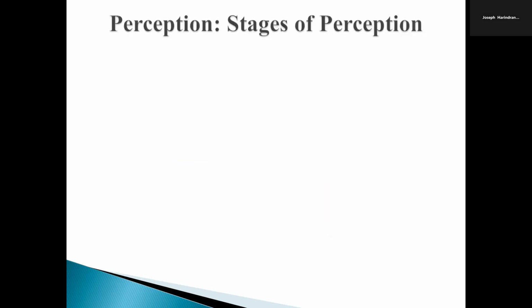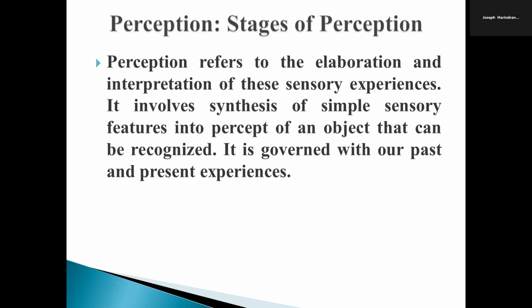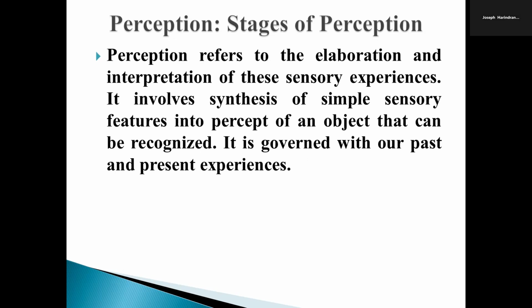Next, we see what is meant by perception and the stages of perception. Perception refers to the elaboration and interpretation of these sensory experiences. It involves synthesis of simple sensory features into a percept of an object that can be recognized.